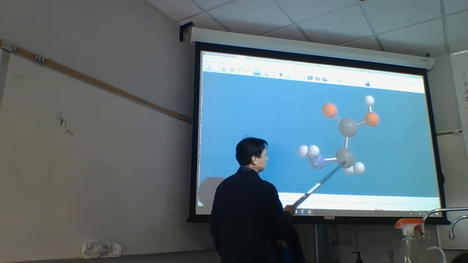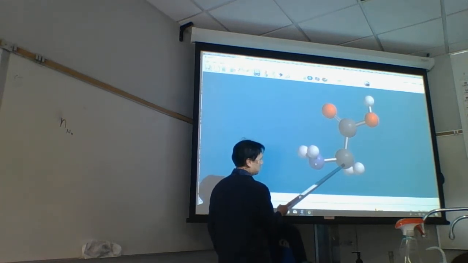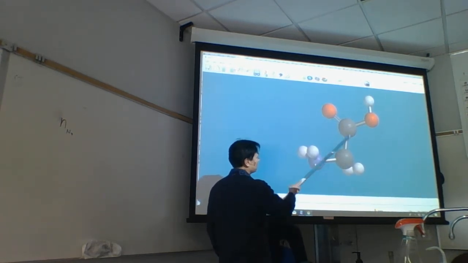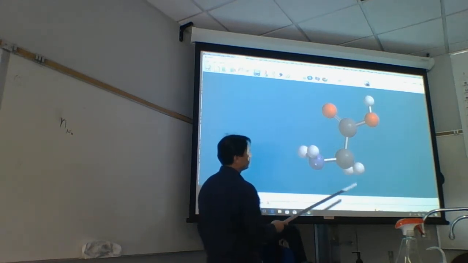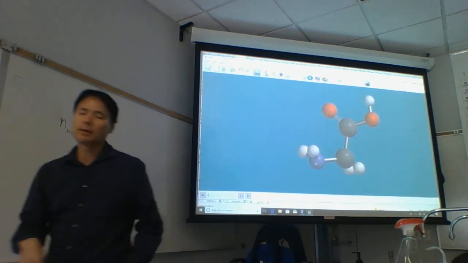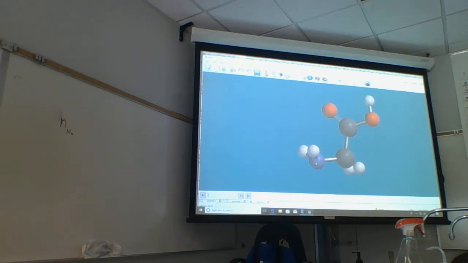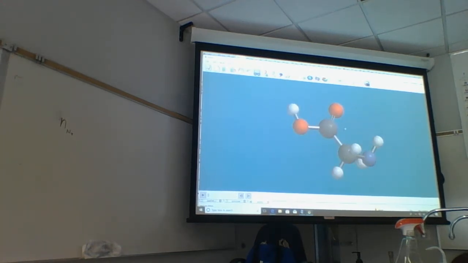This carbon, tetrahedral. This carbon, no, it's not bent. Bent would be like water. This one is trigonal. Now look at it. Is that planar? Yeah, this is trigonal planar.